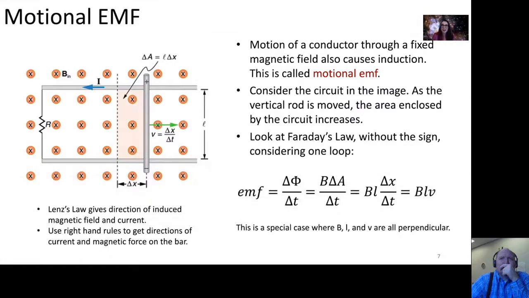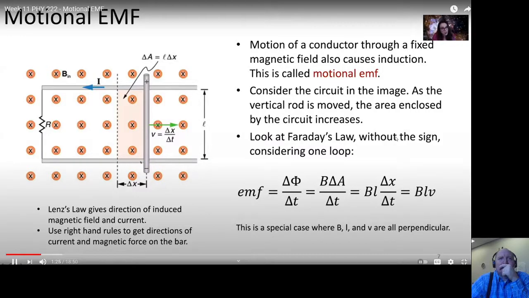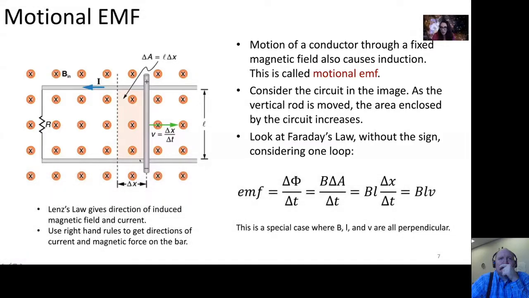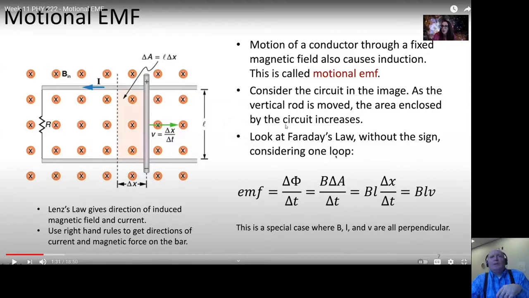We said the magnetic field was stationary or constant. The area is changing, so that's a changing area over a changing time. Okay. Now the area we can write as the length of this rod times some distance that it's moving through horizontally. Okay. So just going to pause here.